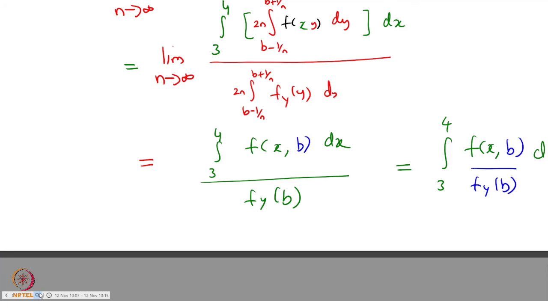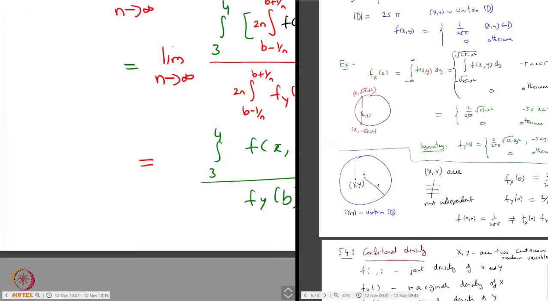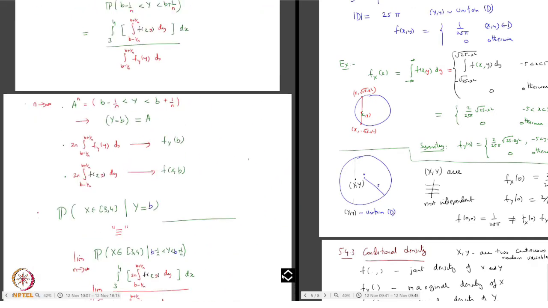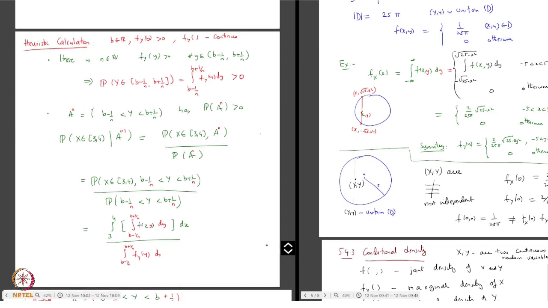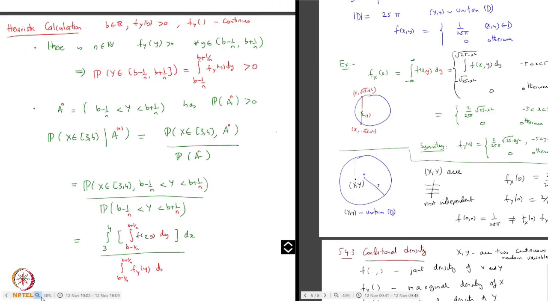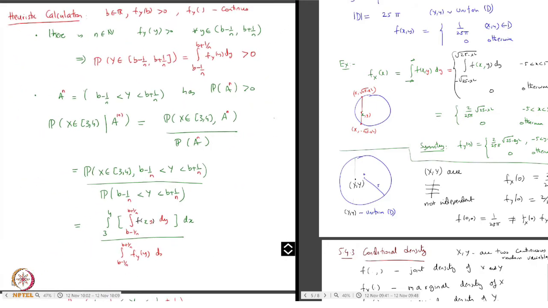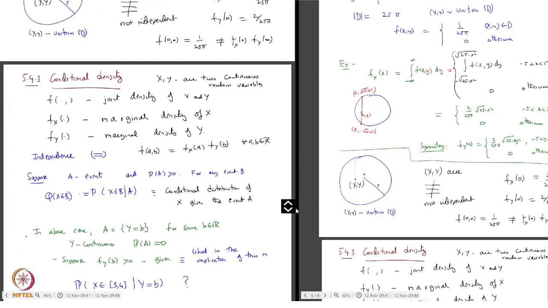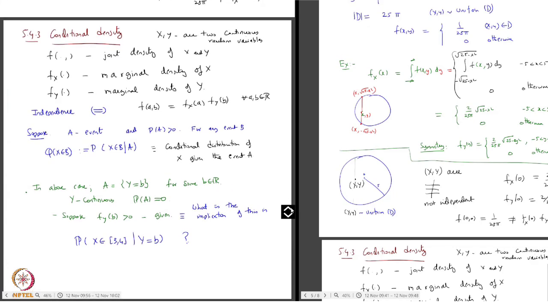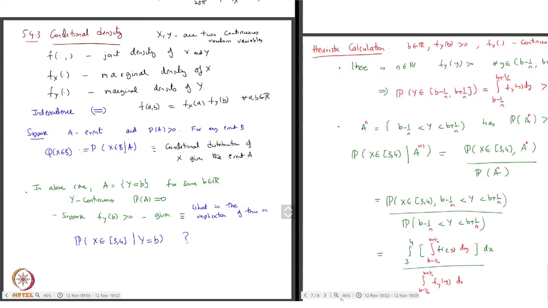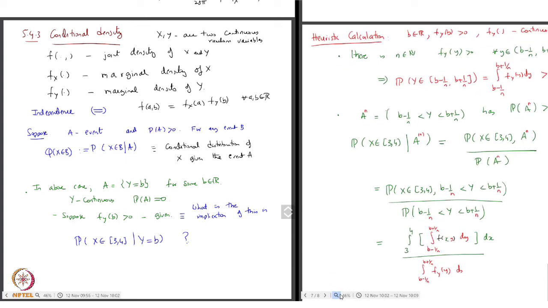So let me just recap a little bit. Let me go back up. The first was that I had an event y equal to b.